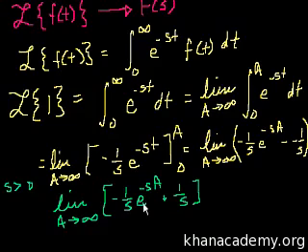Then as a approaches infinity, this term is going to go to 0, right? e to the minus a googol is a very, very small number, and e to the minus a googolplex is an even smaller number. So this e to the minus infinity approaches 0, so this term approaches 0. This term isn't affected because it has no a in it, so we're just left with 1 over s.